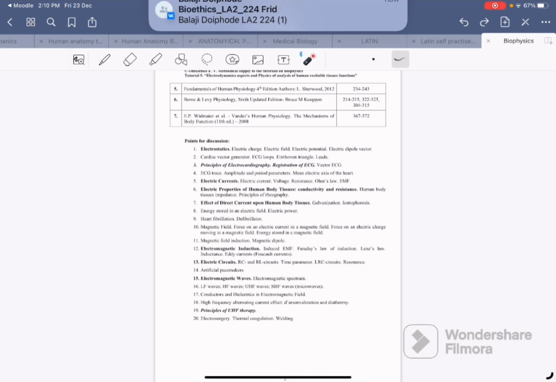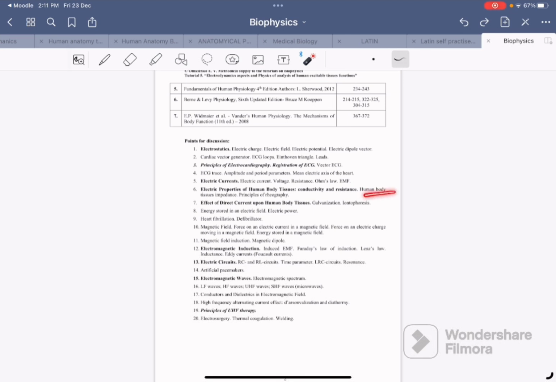And conductivity, resistance, and its effect on human body tissue, using the impedance formula. And we're going to solve some problems and principles of rheography. Also, the effect of direct currents upon human body tissue is going to be discussed.